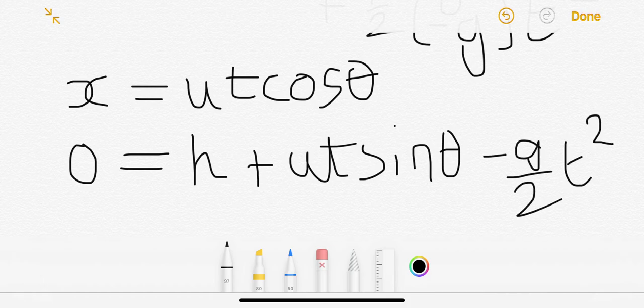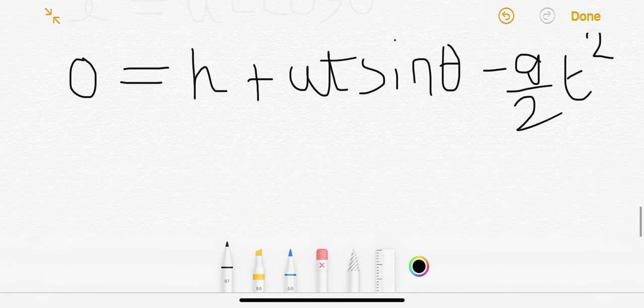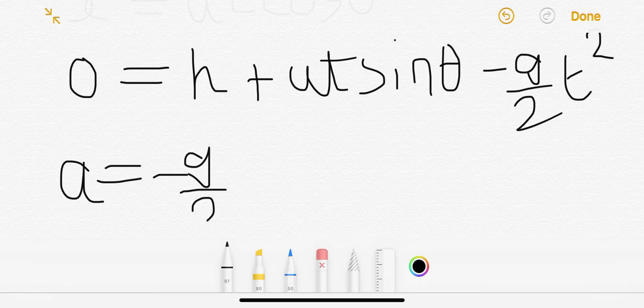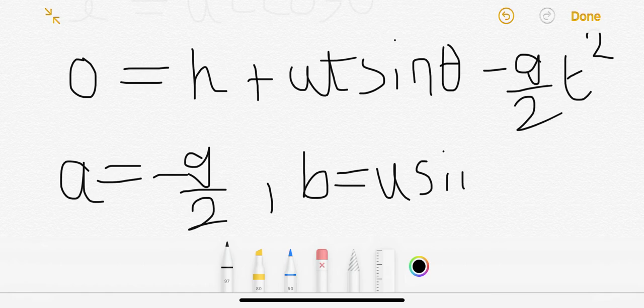And the question wants us to find t and also to find x. So actually, if you look at that second equation, it is a quadratic equation in t. We can solve for t in terms of h, u, and theta. So we go ahead and do that. I'm probably just going to do that using the quadratic formula. We have a equals minus g over 2, b equals u sine theta, and c equals h.